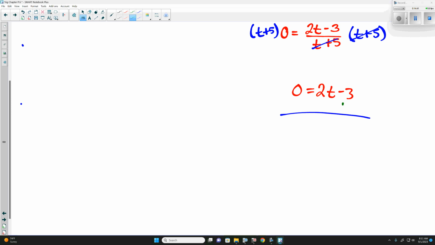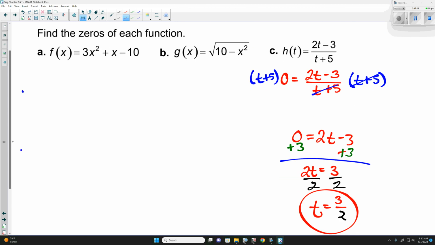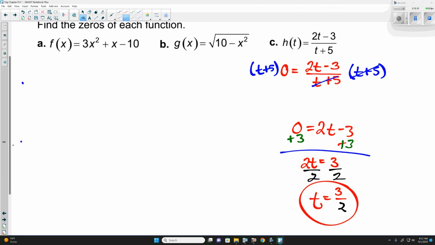So we can add 3 to both sides, telling us 2t is equal to 3, so t is 1.5. You're thinking of 2/3. Yep, so that's it. Questions on these here?